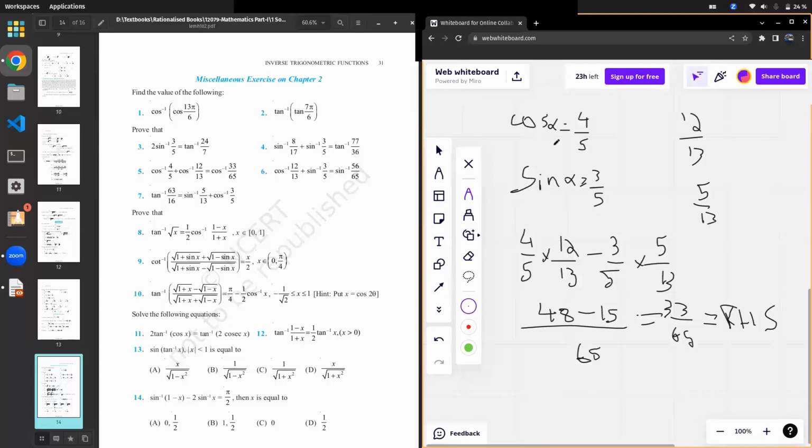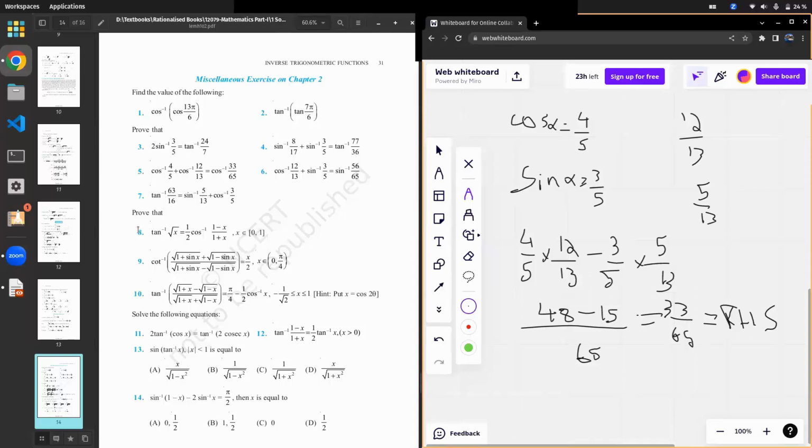The formula of tan(a + b) is (tan a + tan b) by (1 - tan a tan b). So by substituting the values of tan a and tan b, if we get both sides to be the same, then we can say that the expression is true.